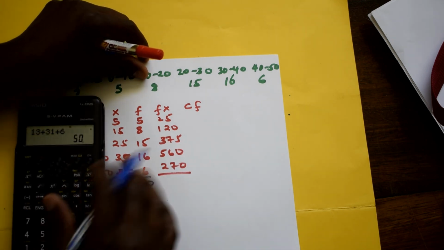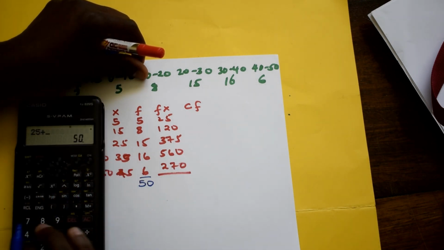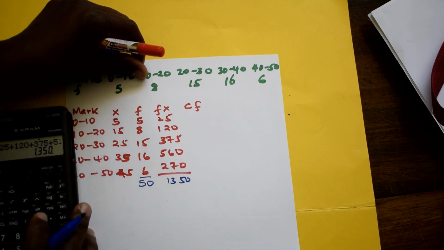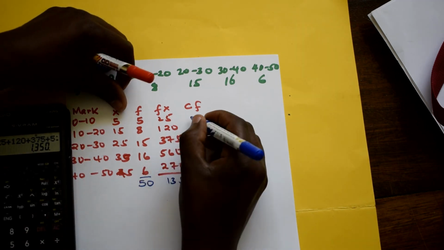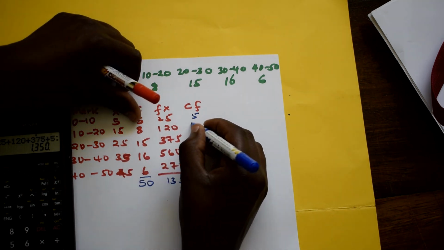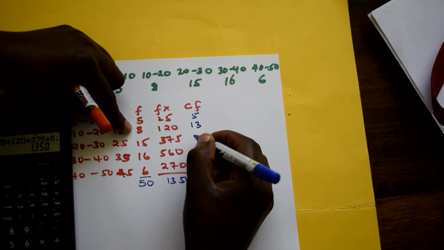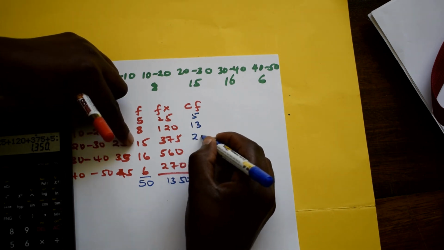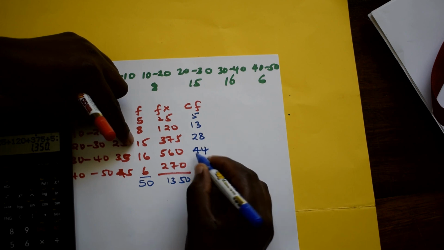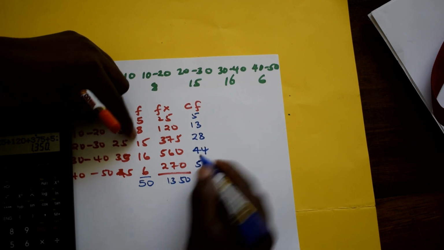The total sum 25 plus 120 plus 375 plus 560 plus 270 should give us 1350. For cumulative frequency we have 5, 13, 28, 44, then we will have 50.